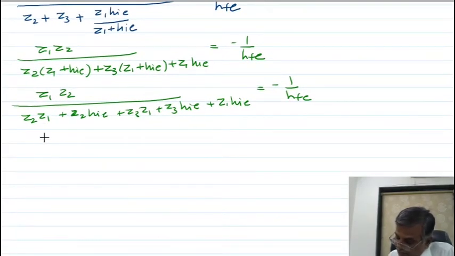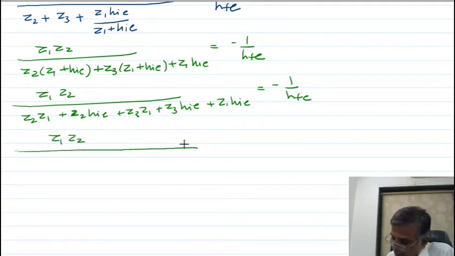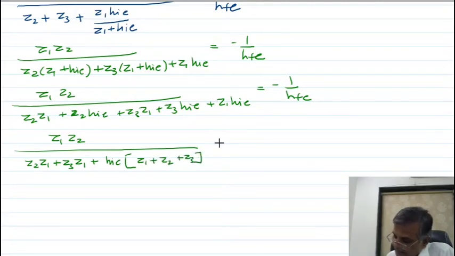So Z1 Z2 upon, you can see here, Z2 Z1 plus Z3 Z1 plus HI is common, in bracket Z1 plus Z2 plus Z3, is equal to minus 1 upon HAV.